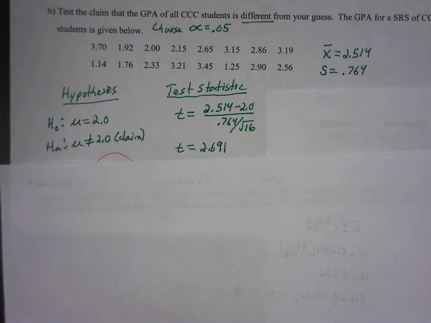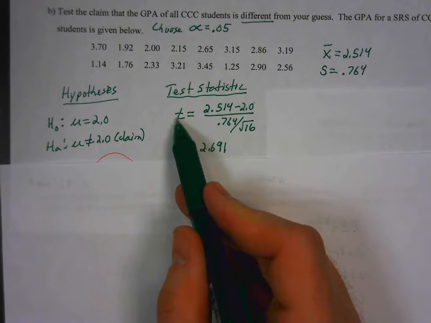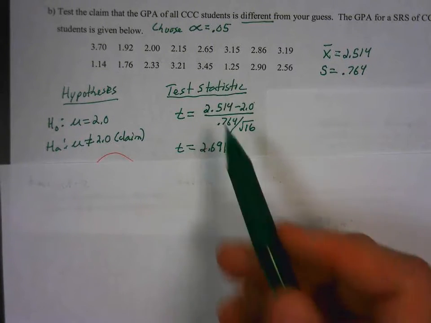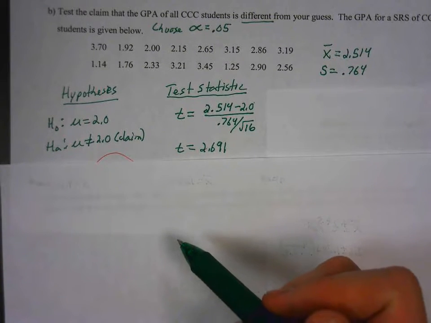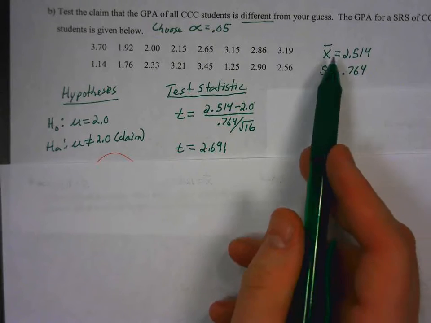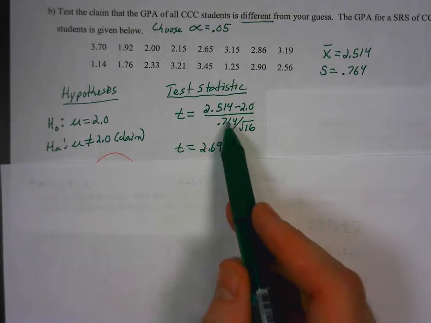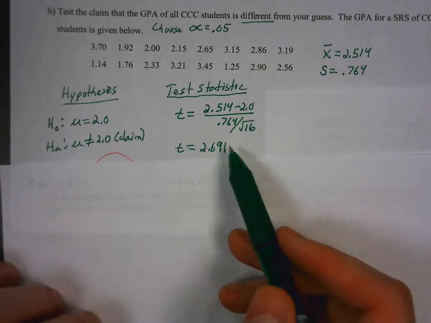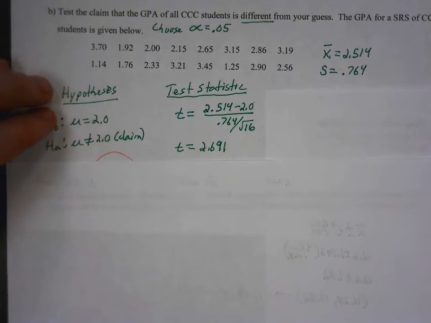Okay, just like before, calculate your test statistic. Now we're using t because we have a sample of students. So we have the sample standard deviation and the sample mean. So substitute those values in, and we get 2.691 for the t-value. So that is our test statistic, 2.691.